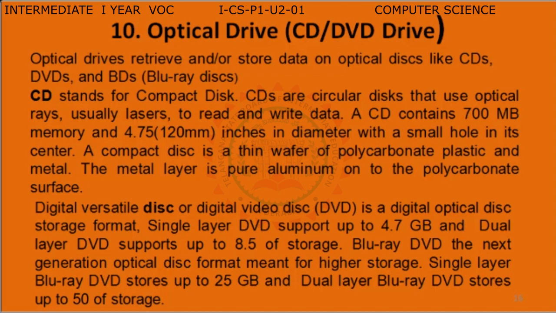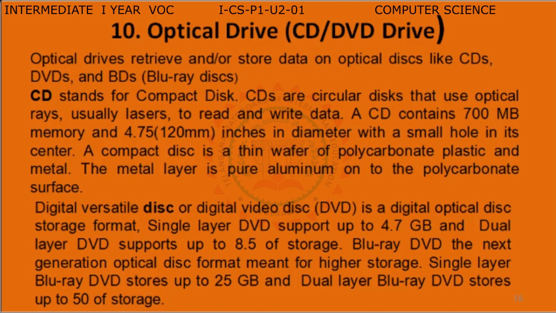A CD contains 700 MB of memory and is 4.75 inches in diameter with a small hole in its center. A compact disc is a thin wafer of polycarbonate plastic and metal. The metal layer is pure aluminum onto the polycarbonate surface.